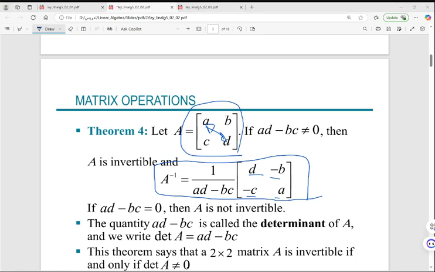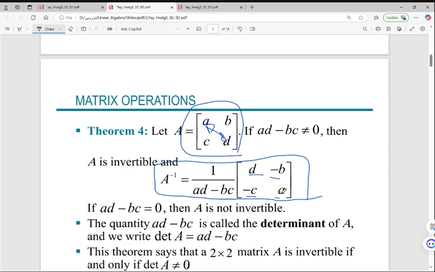So in the special case of 2 times 2 matrices, the inverse can be obtained from this equation.